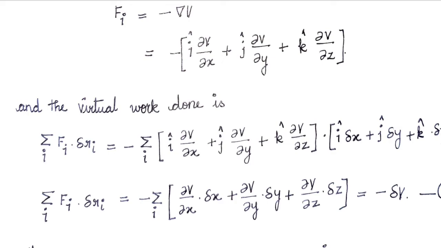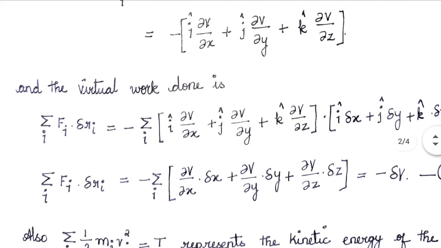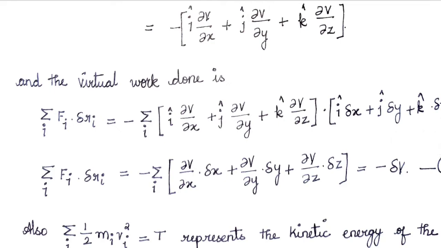So this equation simplifies to minus the sum over i of ∂V/∂x δx plus ∂V/∂y δy plus ∂V/∂z δz, or simply, minus δV.